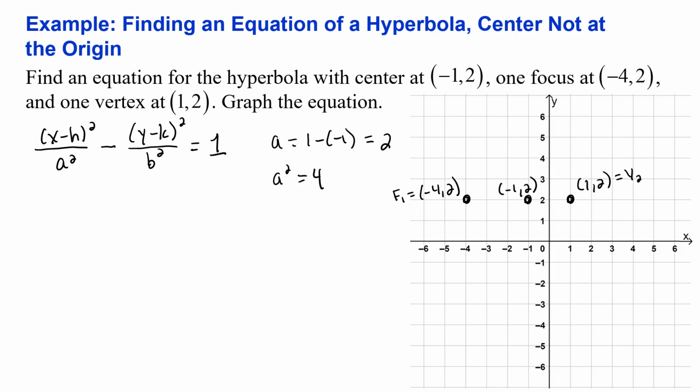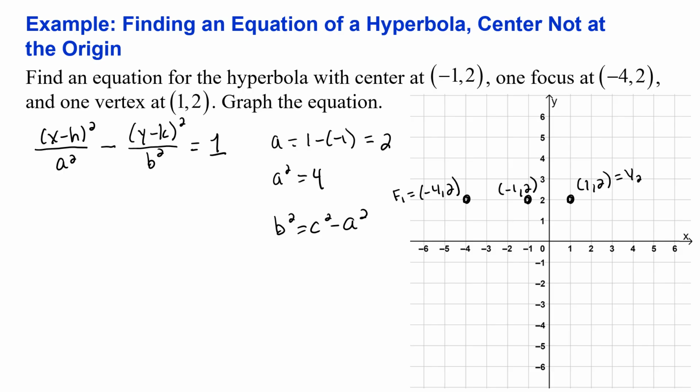Now to find b squared, we know for a hyperbola that b squared is equal to c squared minus a squared. And we need to find c squared in order to find b squared. So to find c, we know that c is the distance from the center to the foci.